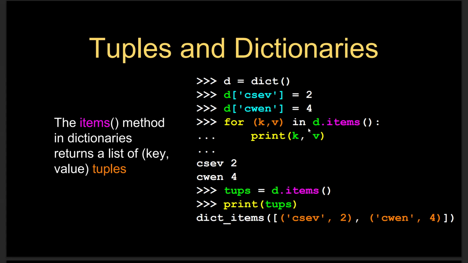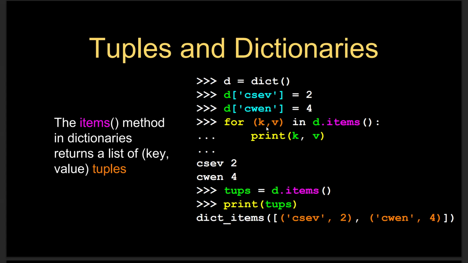Whenever you iterate through k, v, k and v will represent the key and value pairs of the dictionary. If you want to iterate through a dictionary, you need to mention two variables because it contains key-value pairs.